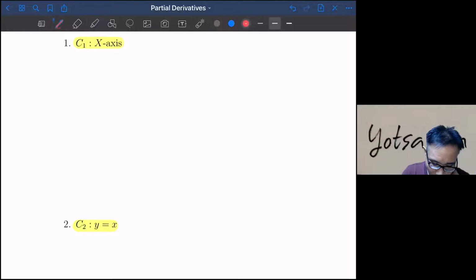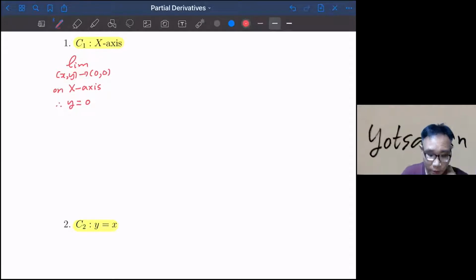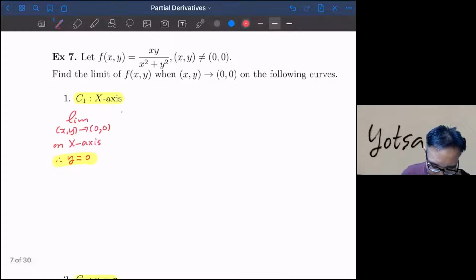So for this one, you're going to find the limit as (x,y) goes to (0,0), and we're going to say on the x-axis. The x-axis in this case is the line y equal to 0, so this will be our curve C1, and the function is given by xy over x squared plus y squared.